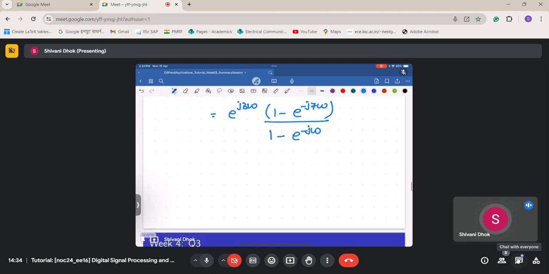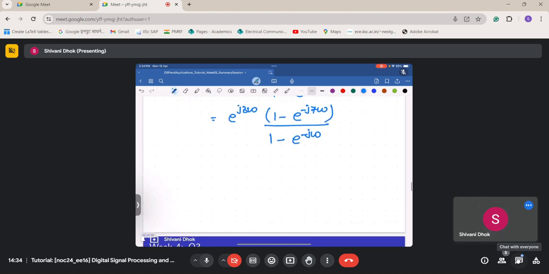So from the numerator I can take out common e power minus j 7 by 2 omega. So this will be e power j3 omega, and from the numerator I am taking out common e power minus j 7 by 2 omega.